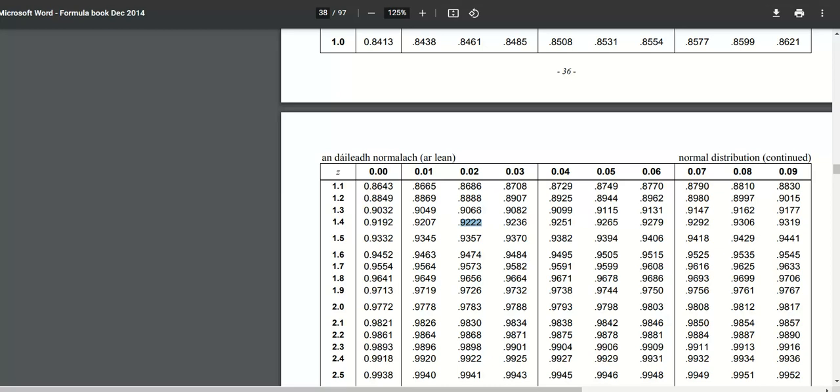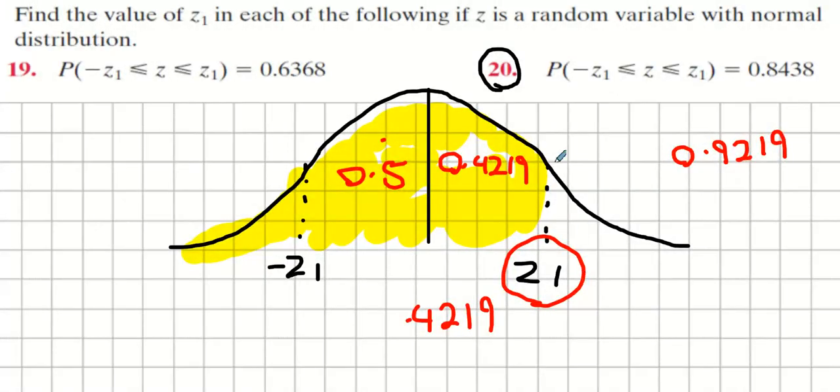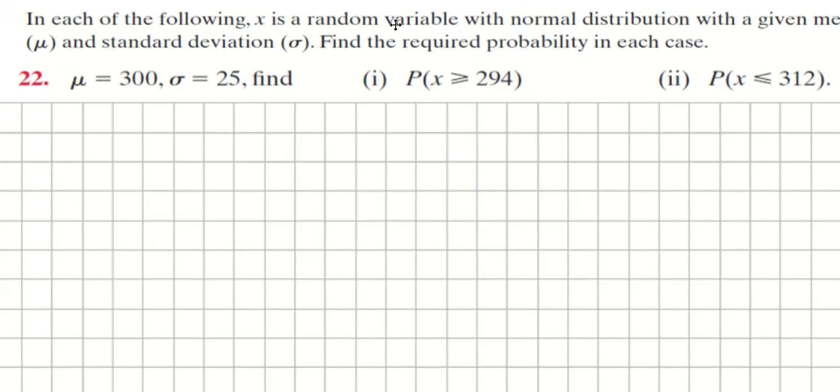Which one do you think we should choose? 1.42. Okay, so z1 is 1.42.